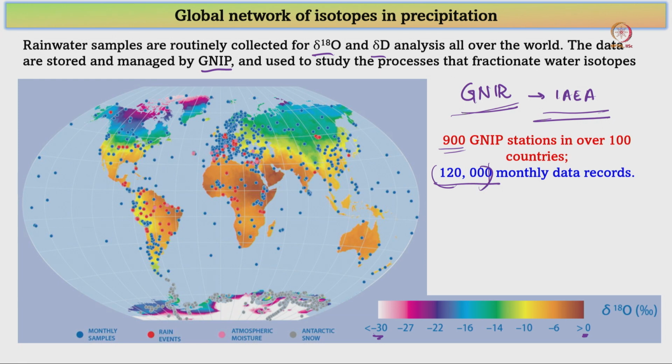Here in this desert area we have more positive values as compared to very negative values close to the poles, in the Arctic area, close to Greenland and Antarctica, and also at locations in the Himalayas.